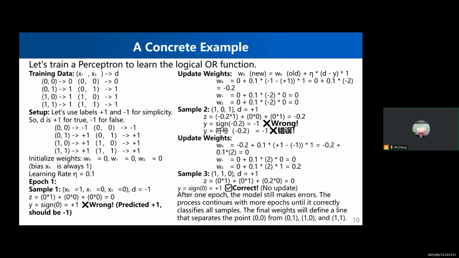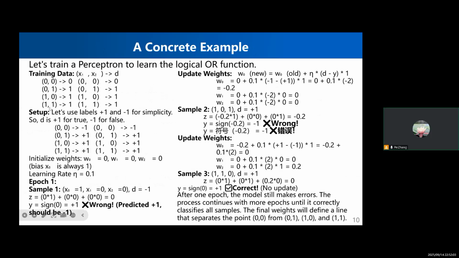So let's look at an example. If we want to train a perceptron to learn the logical OR function, the training set has 4 samples. 1: x1 is equal to 0, x2 is 0, and the output should be 0. 2: when x1 is equal to 0, x2 is 1, the correct answer should be 1. 3: when x1 is 1, x2 is 0, the output should be 1.